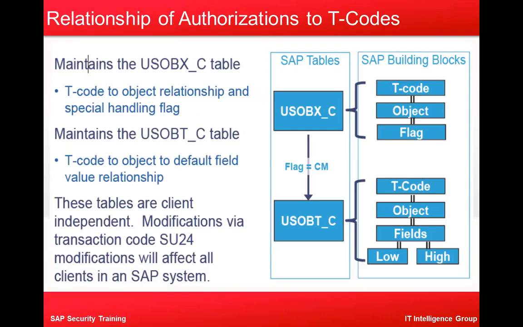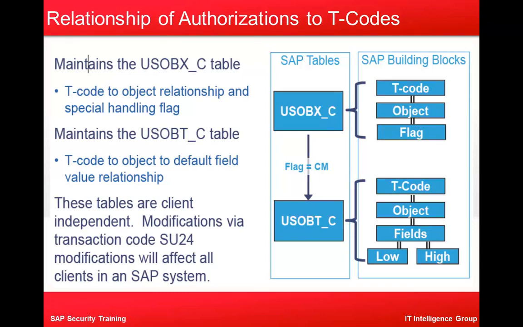Here you can see the relationship of authorization to T code: the T code to object relationship and special handling flag are in table USOBX_C. The C you are seeing means it is a customer table. So you have USOBX_C and USOBT_C, which are the customer tables.